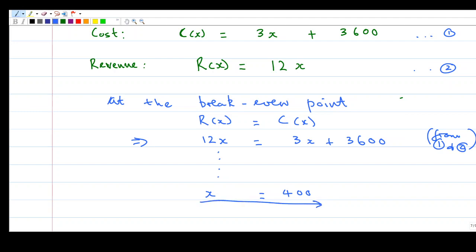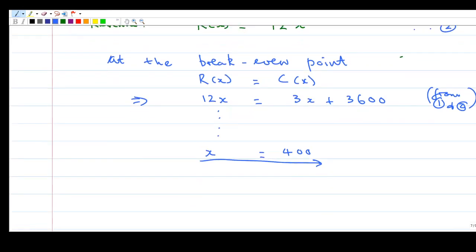So that's the number of units that must be produced. So the revenue when 400 units are produced is going to be 12 times 400, and this gives us 4,800.